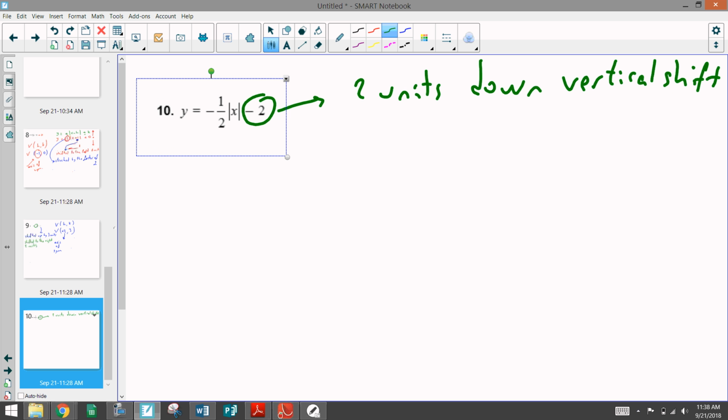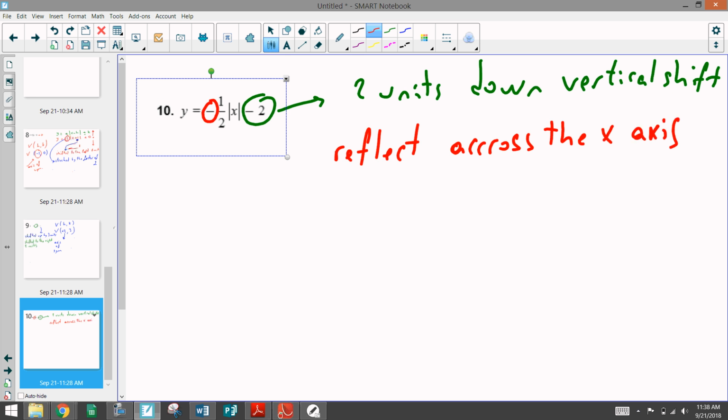And then there is a negative sign, which makes it reflect across the axis. Exactly. And then 1/2, another color. The 1/2 here, what is this?